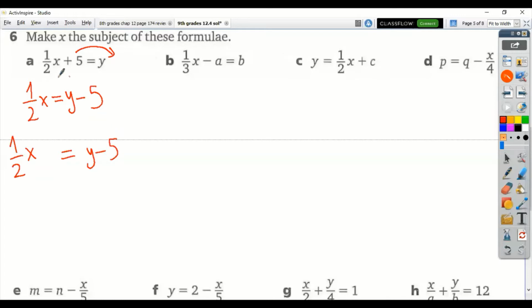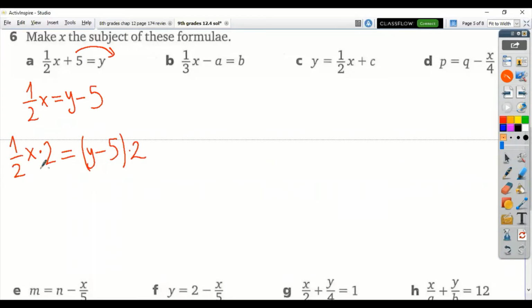What you see above, I'm rewriting here. But why did I leave space here? I want to multiply both sides by 2, the inverse operation of dividing by 2. I should write y minus 5 in parentheses because there is subtraction, so times 2. Both sides are multiplied by 2.